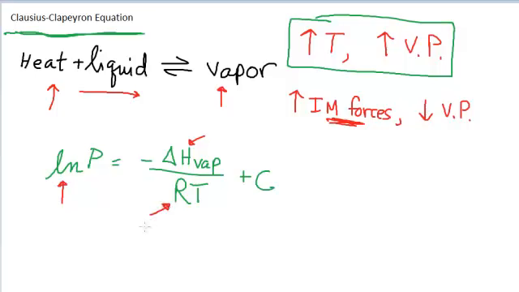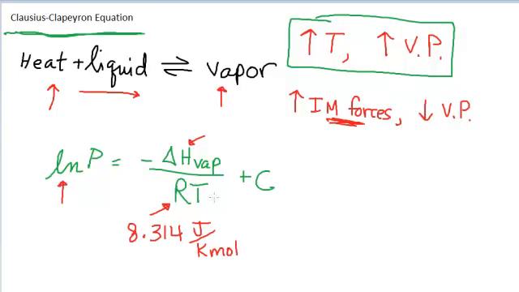R is our ideal gas constant, but it is written with energy units, 8.314. The units are joules per Kelvin per mole. This is identical to the gas constant that we saw in the chapter with gases, the 0.0821. It's just that the units have been converted to energy units.